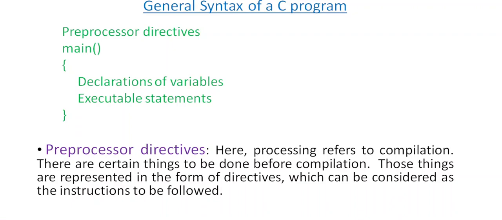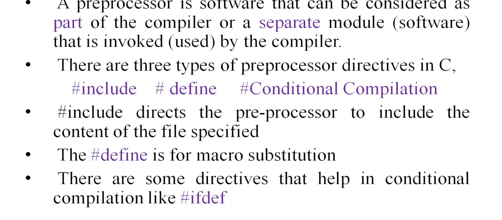As a beginner, we will mostly use only hash include and hash define. These are processed before the compilation. There is another type of preprocessor directive called conditional compilation.